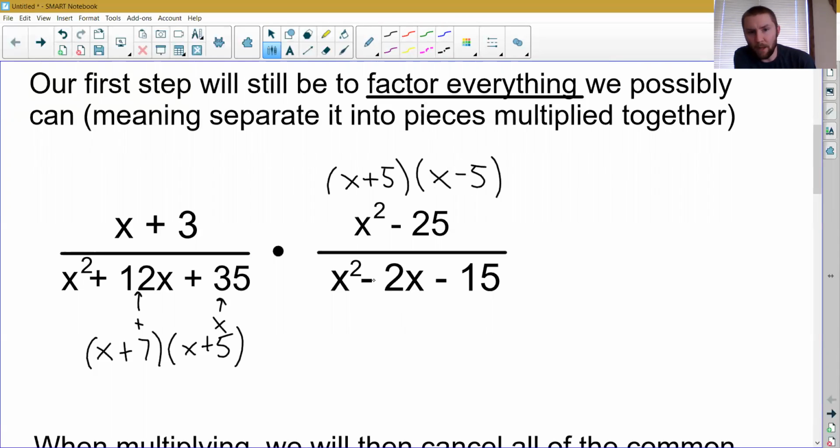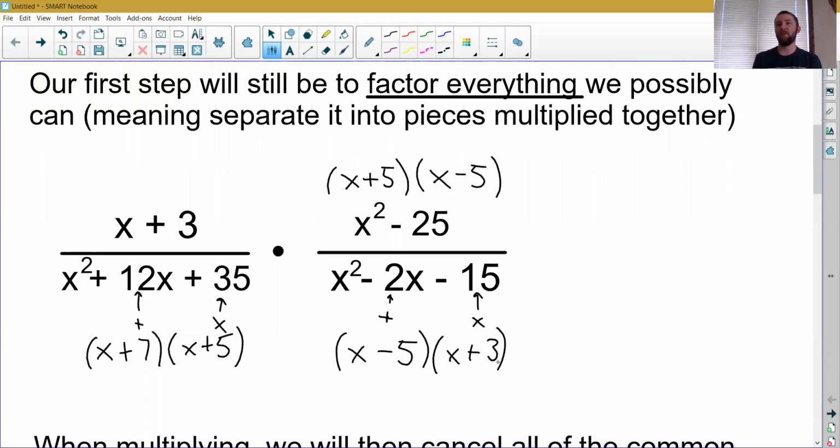Okay, and then the denominator here, x squared minus 2x minus 15, is another one where I'm going to try to factor, because I see an x term in the middle. I'm going to try to find two things that multiply to make negative 15 and add together to make negative 2. So x squared minus 2x minus 15 can be factored because two numbers that multiply to negative 15 and add up to negative 2 would be a minus 5 and a positive 3.